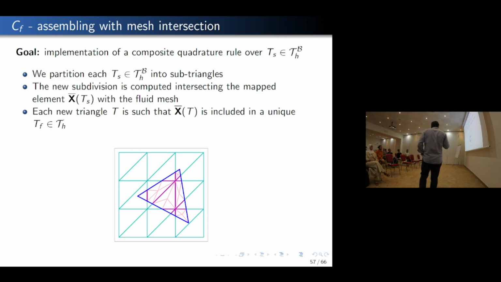Then each new triangle T is such that X bar of T is included in a unique fluid element T_F. So this is the mapped triangle we saw before. We divide it into purple polygons according to its position with respect to the fluid mesh. Then, if those polygons are not already triangles, we have to retriangulate them, connecting the barycenter with the vertices.